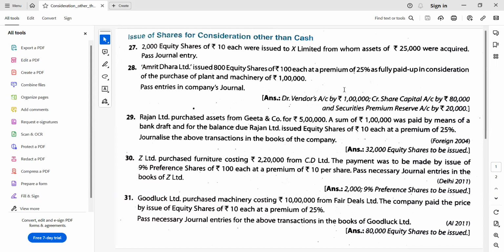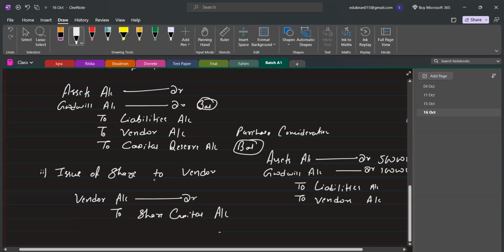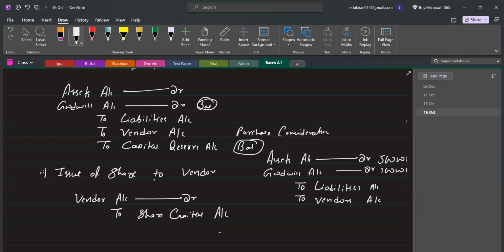Okay, there is one more thing actually here: security premium. If we issue our share on premium, then the second entry will change. Vendor account debit to share capital and to security premium.